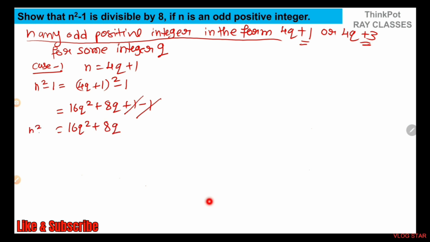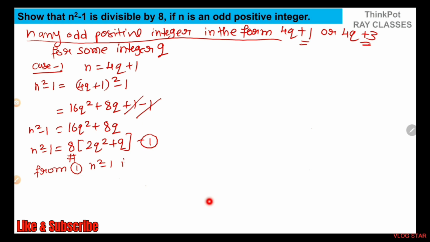So n square minus 1 is equal to, taking 8 common, 8 times 2q square plus q. From point number 1, since we have a multiple of 8, we can say that n square minus 1 is divisible by 8.